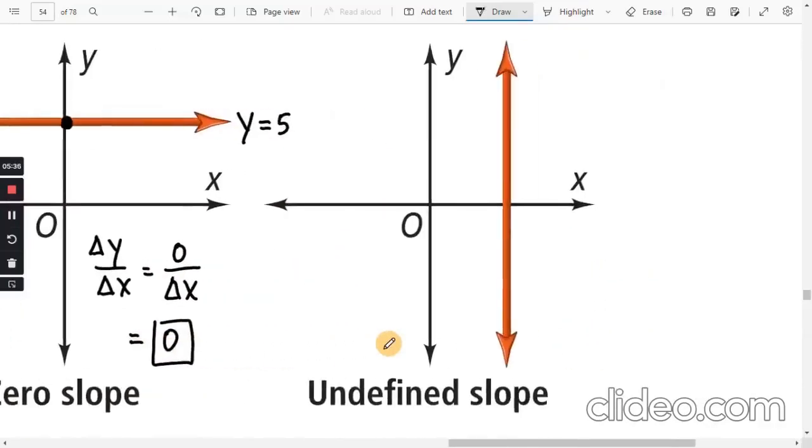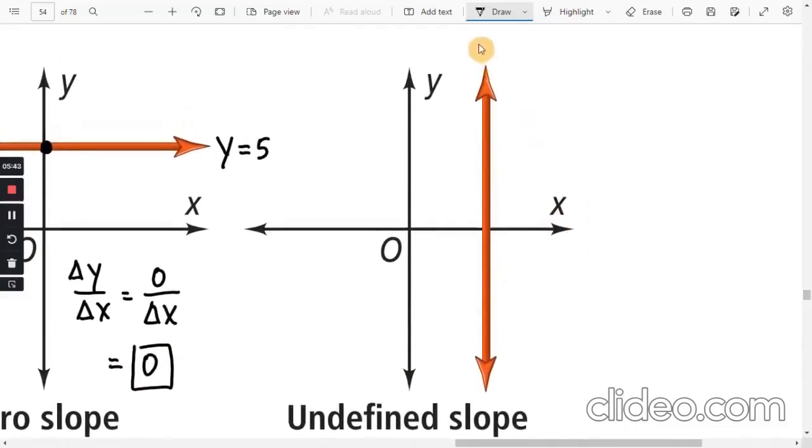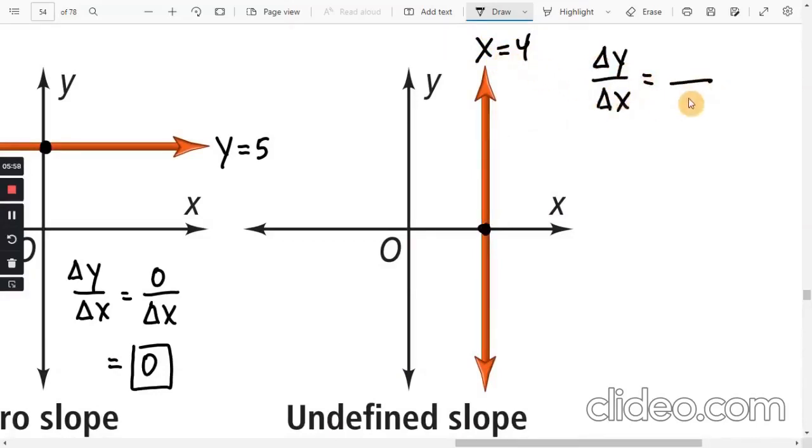Now on the undefined slope, the vertical line passes through the x-axis. So the equation of this line will be whatever this point is right here. Let's say it's x equals 4. All right, and if you do the slope, change in y over change in x, since x equals 4, the change in x will just be 0.